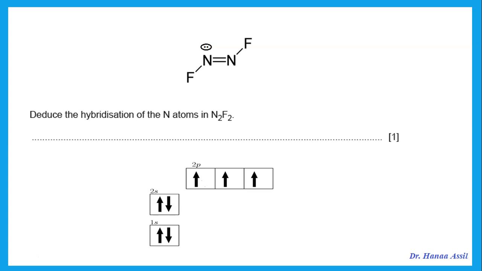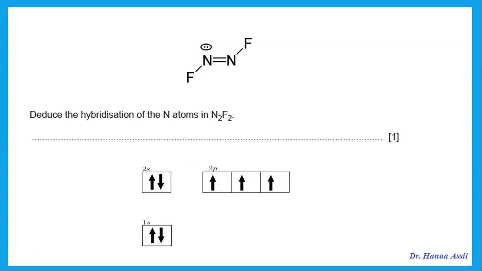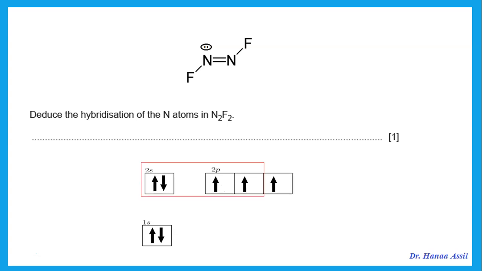We're going to hybridize the s and the p, assuming the 2s and the 2p are of similar energy, so that in order for the nitrogen to have a lone pair of electrons and 2 sigma bonds, we need to take the s and 2 of the 2p orbitals to make 2 sigma bonds and 1 lone pair.